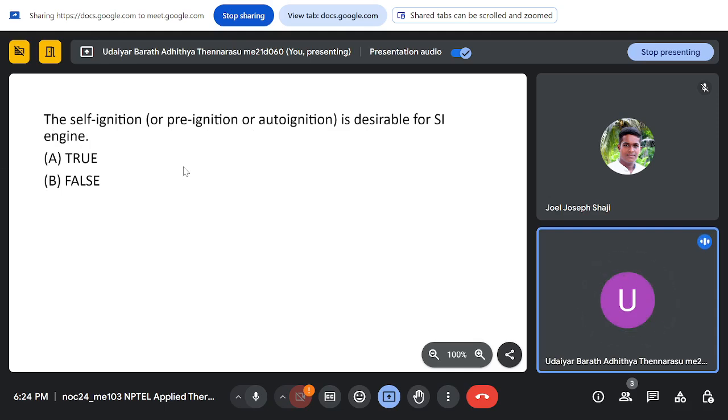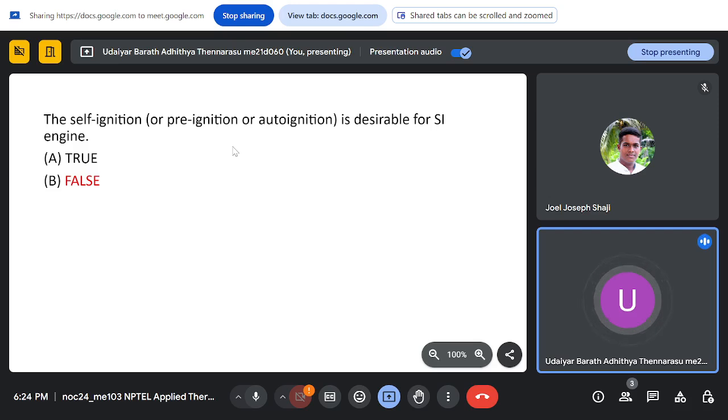Next is, the self ignition or pre ignition or auto ignition is desirable for SI engine. Answer is false. You don't want self ignition. So self ignition is the fluid combusting itself without you doing any spark energy input.